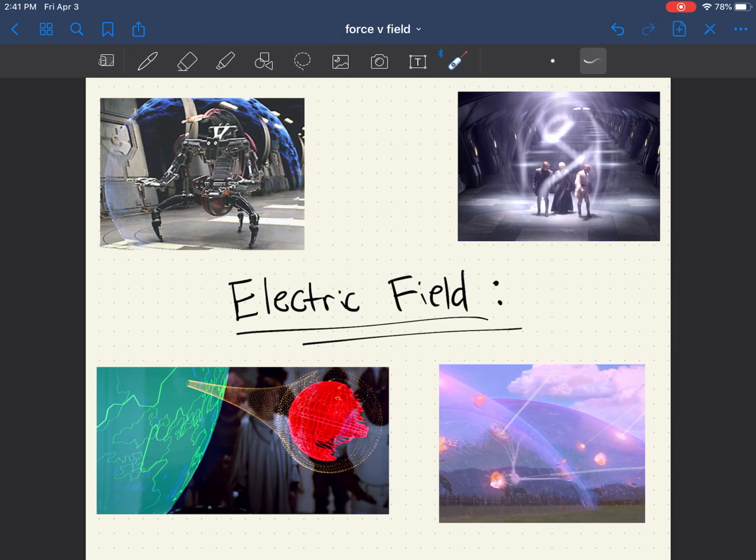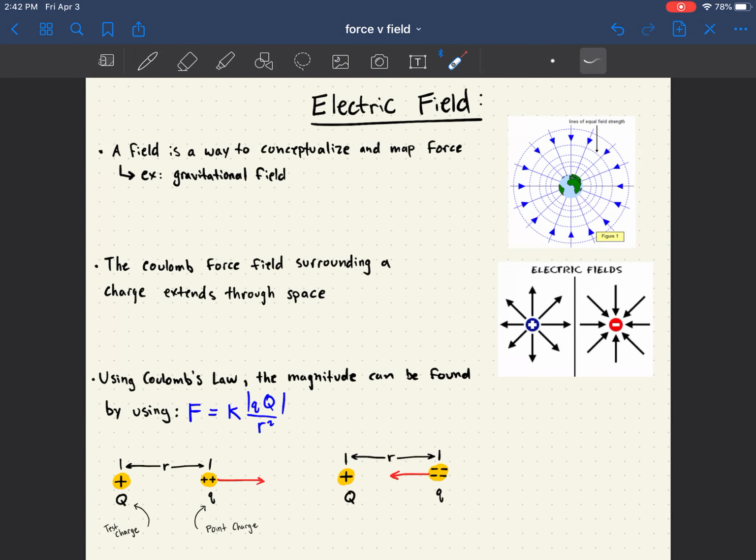Now, that understanding can help us move on to electric fields. A field is a way that we can conceptualize and map the force, specifically the force that surrounds an object and acts on another without ever touching it physically. This is just like a gravitational field.